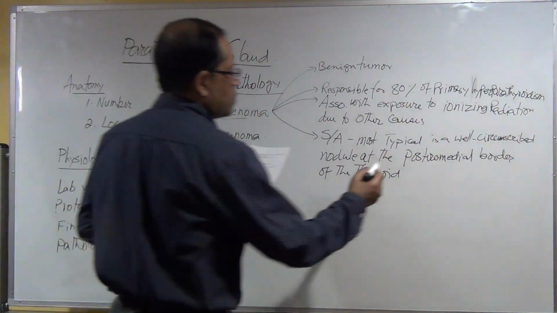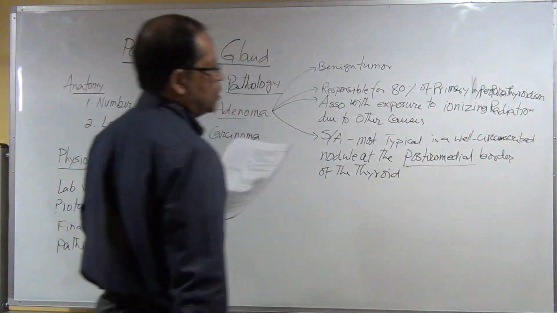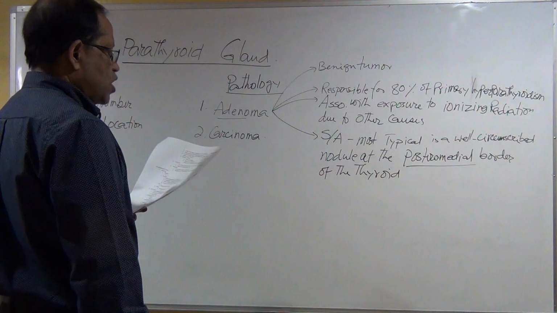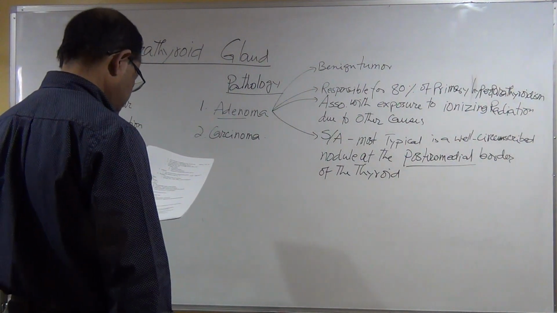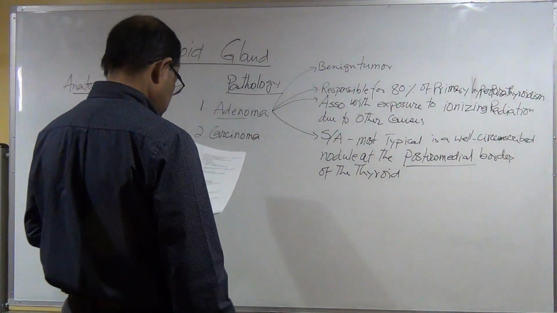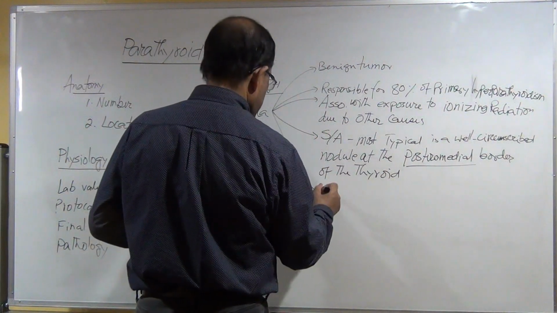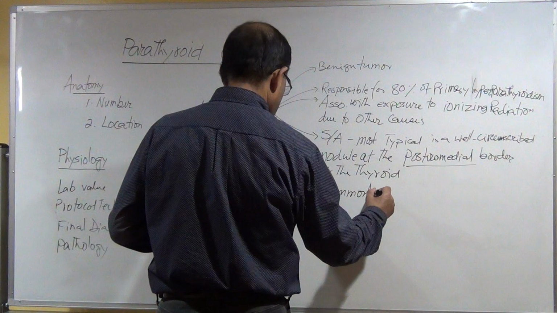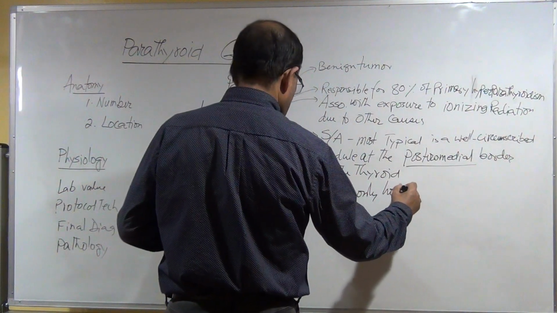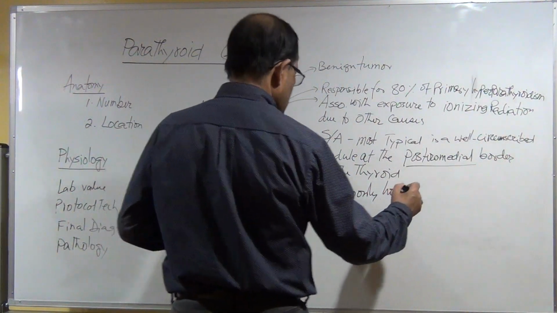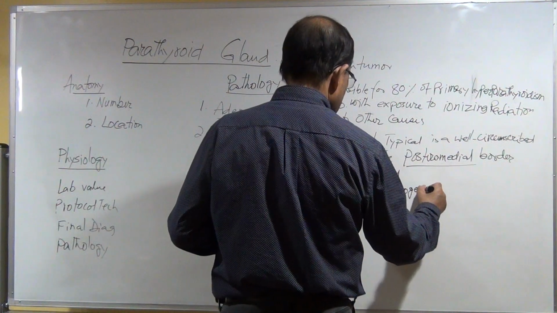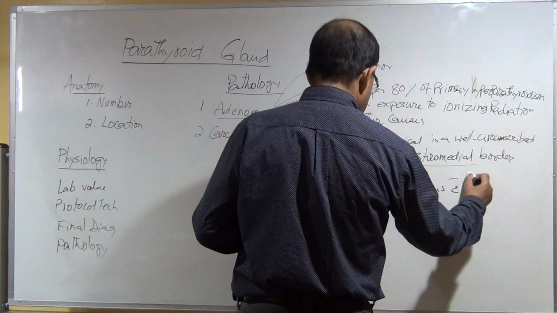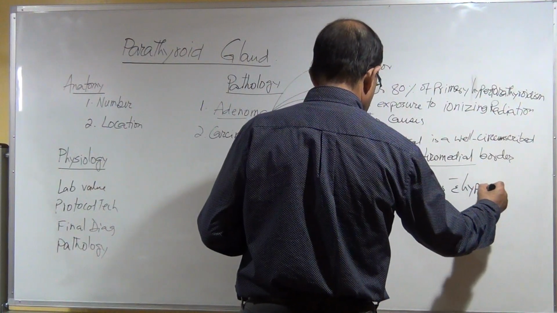So it is found along the posteromedial border of the thyroid gland, commonly homogeneous and hypoechoic.